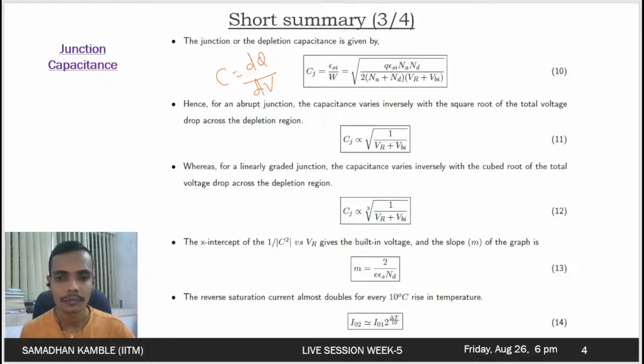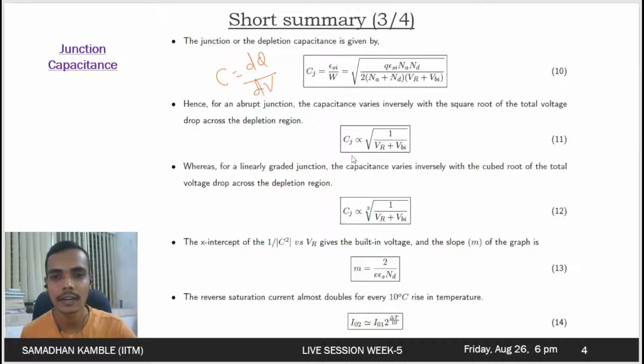So the junction capacitance is also a function of the reverse bias voltage and the built-in potential. We need to keep in mind that the space charge width is a function of the reverse bias voltage, so the junction capacitance is also a function of the reverse bias voltage applied to the PN junction. This forms an important criterion of a device called the varicap, or voltage controlled capacitance.